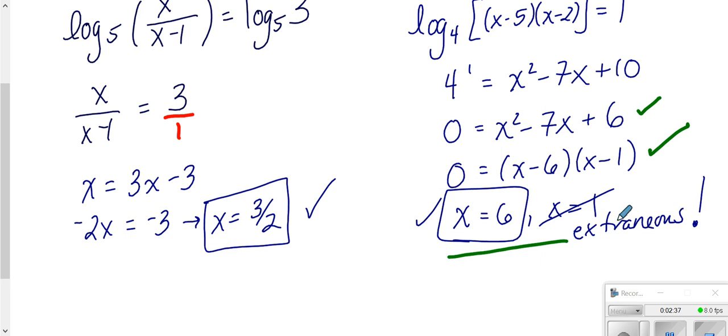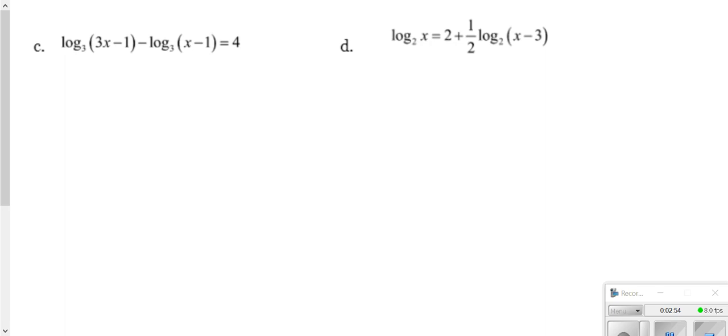The other part I left off on the previous slide right here. We would cross multiply. So notice here that the 3 gets distributed through. So I shouldn't have 3x minus 1. If you have that, you forgot to distribute. So 3x minus 3, and then just solve that beautifully. Okay, the next couple questions, very similar to what we saw on the last page.